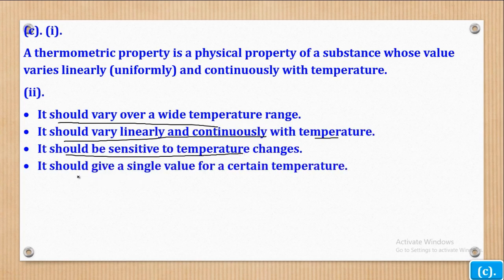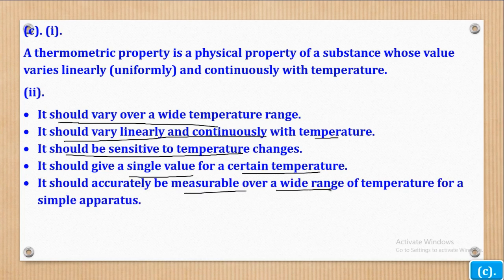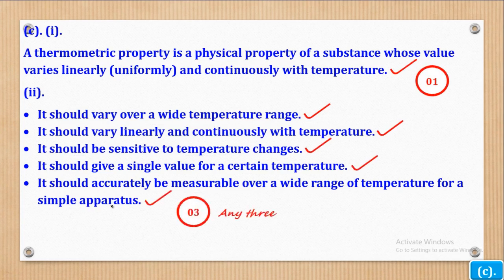Next is that it should give a single value for a single temperature. Next is that it should be accurately measurable over a wide range of temperature for a single apparatus. So that is how marks would be awarded.